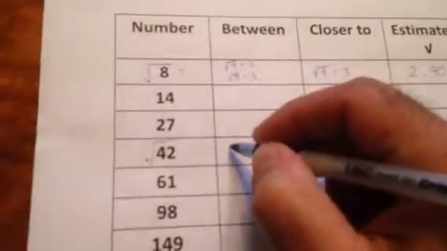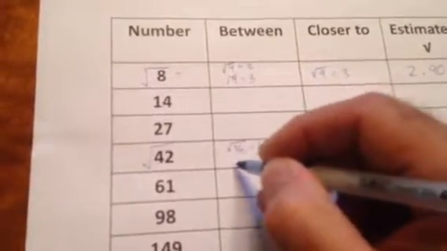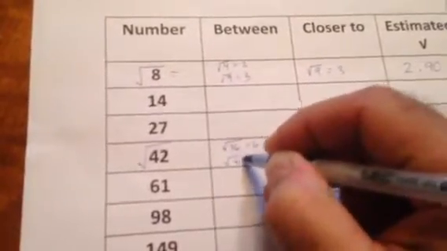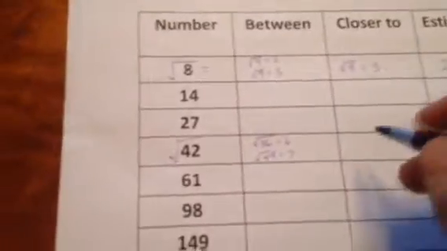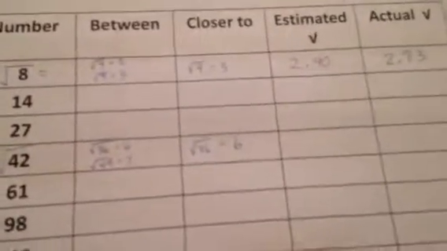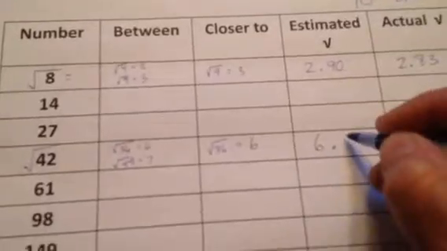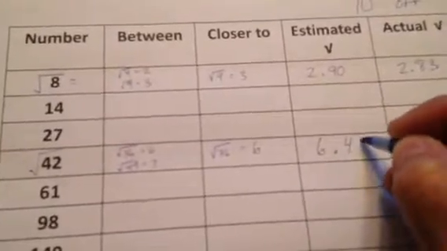So I know it is between the square root of 36, which is 6, and the square root of 49, which is 7. But it's a little bit closer to the square root of 36, which is 6. So if I had to estimate, I would estimate maybe 6.43.